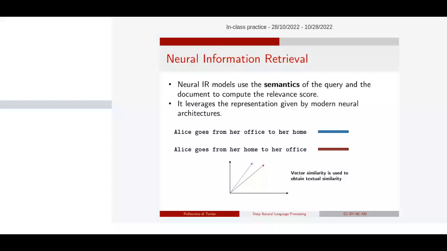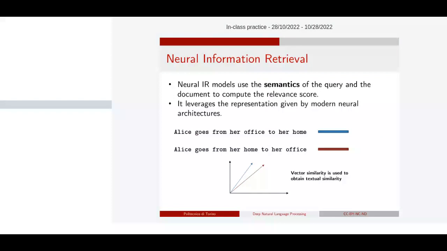We can use these kinds of models that are able to encode some semantics of the words to create a semantic search engine. It means a search engine that also considers the semantics of the sentence. So in the exact same case that we had in the previous slide, we have two sentences.